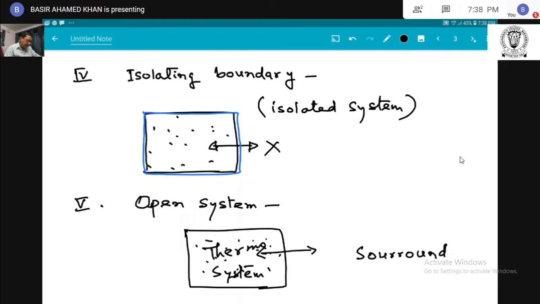If the boundary is such that the exchange of matter and energy between the system and its surrounding occurs, then the system is called an open system.